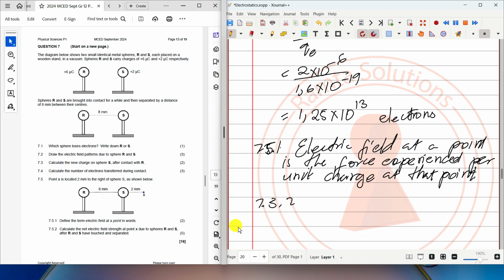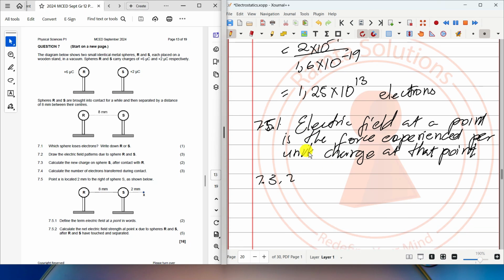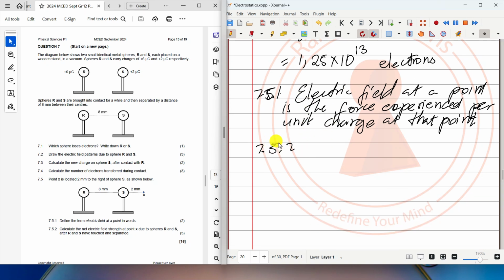7.5.2. This one is interesting. Let me begin by saying, I'm going to say to the right is positive. Remember, I'm saying this because these are vector calculations.